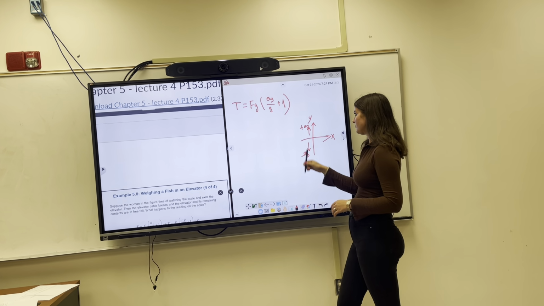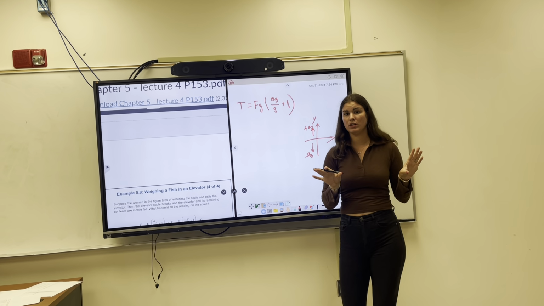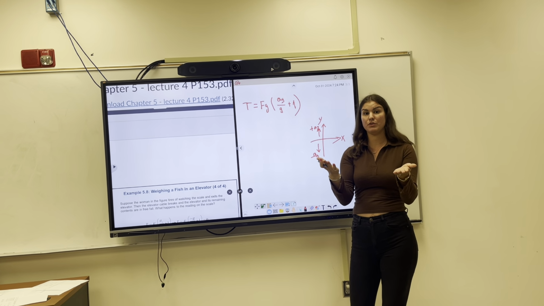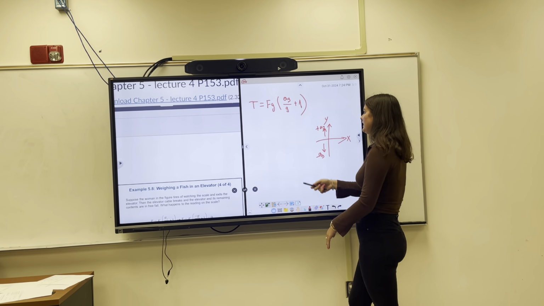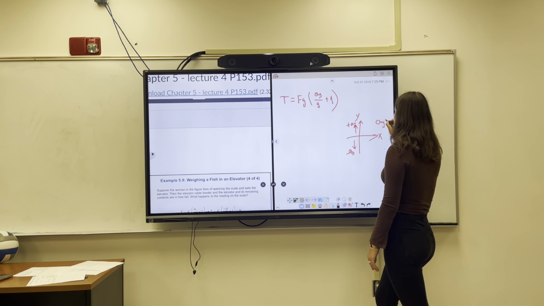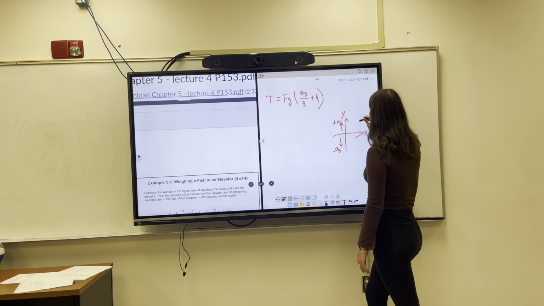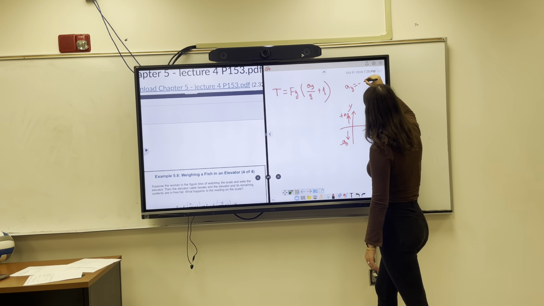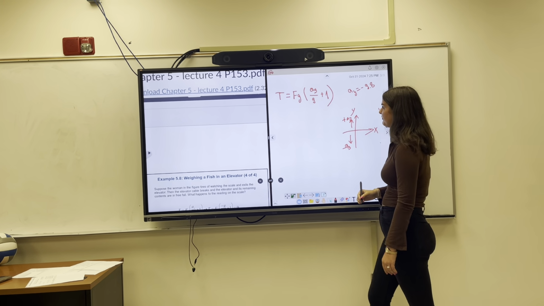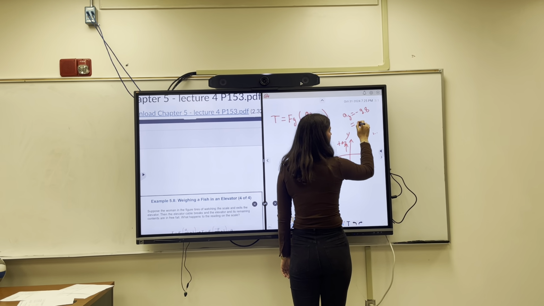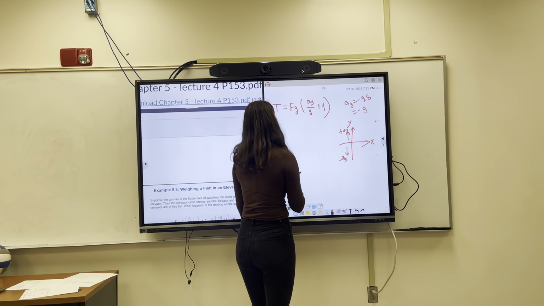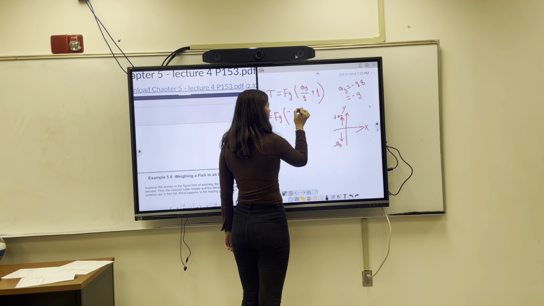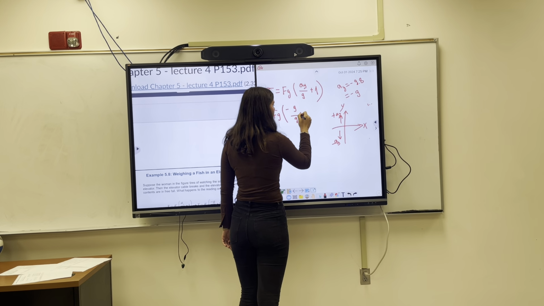When we have a free fall, all the contents in the elevator are in free fall, and gravity is going to pull them all the way down. The acceleration is going to be minus 9.8, or minus g. That's how we can call it, minus the gravitational constant. So T equals Fg times minus g over g plus 1.